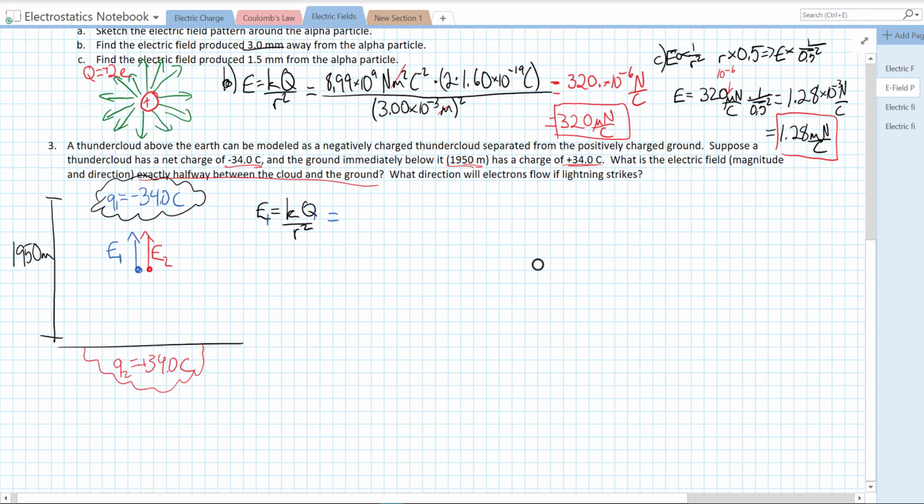So that's 8.99 times 10 to the 9 times negative 34 coulombs, with parentheses on the outside, divided by the distance from the thundercloud to that center point, which is 1950 over 2, that's 975 meters, squared. Really I probably shouldn't put units in here because I didn't put units in K.